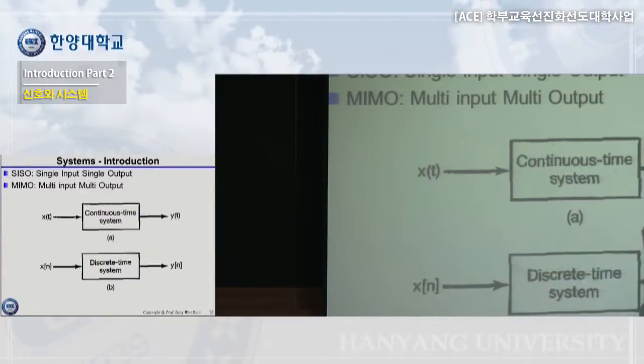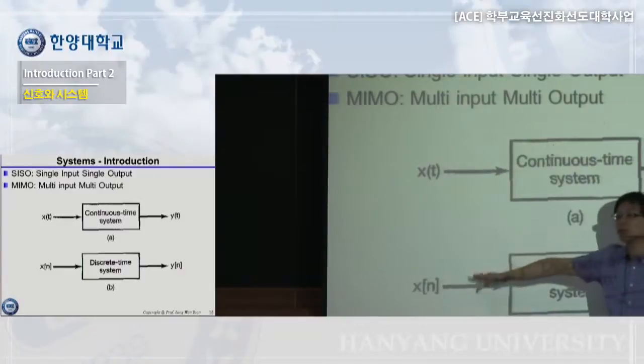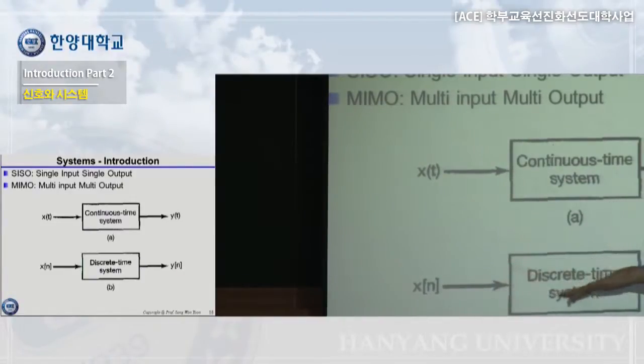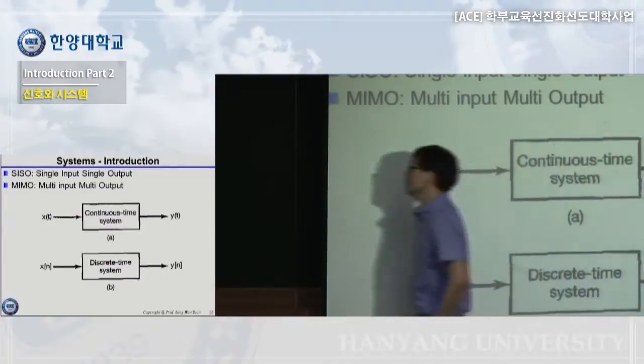So after passing through the sampling, the continuous time signal will change to a discrete time signal. And this discrete time signal can go to a discrete time system, pass through, and a discrete time signal will come out, and we can change it back to continuous time.